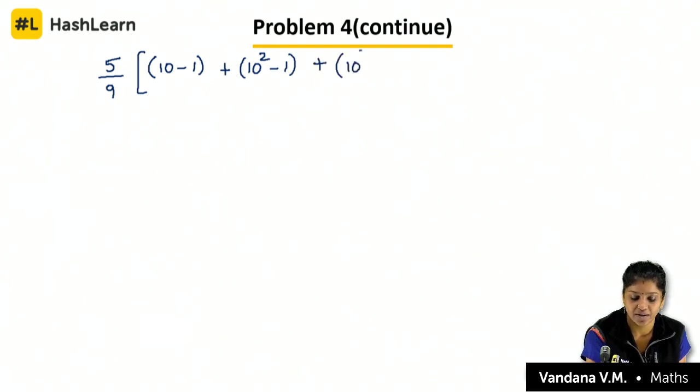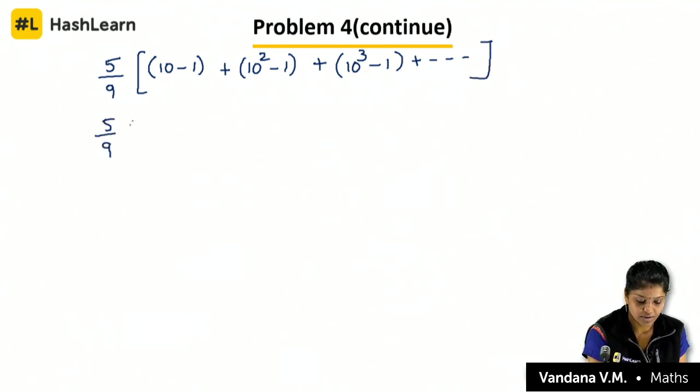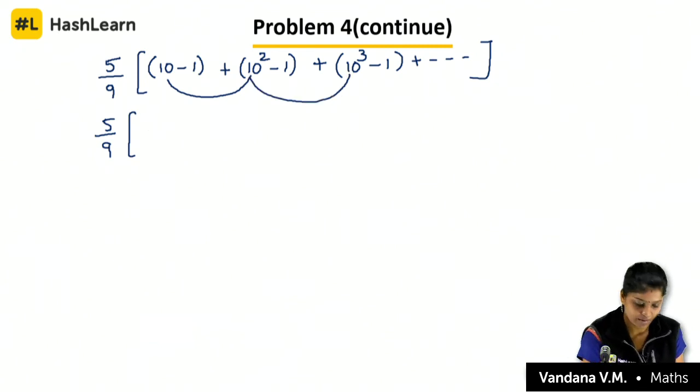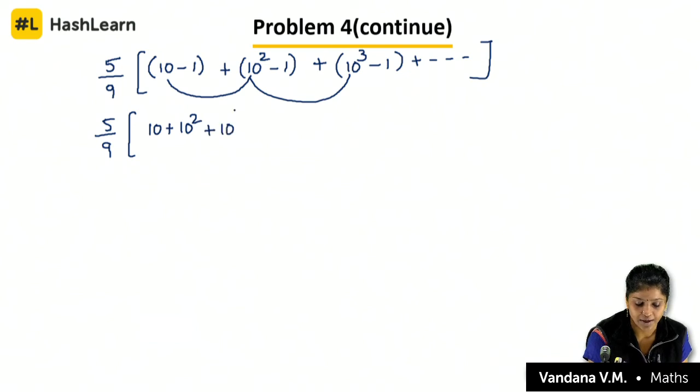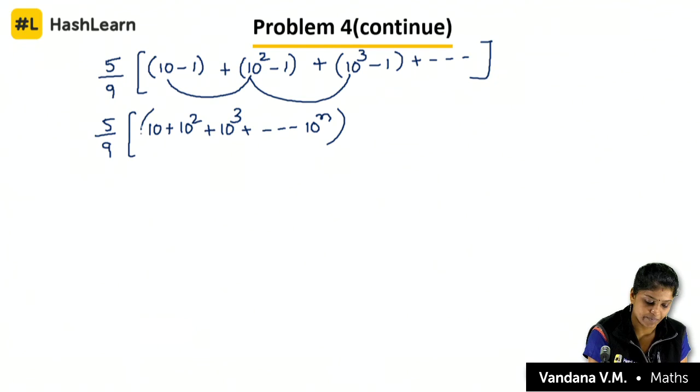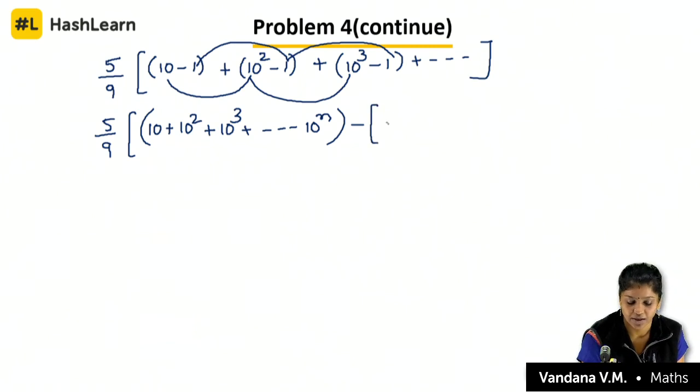Next term can be written as 10 cube minus 1 and so on. Now see here, you write this one way: 10 plus 10 square plus 10 cube plus and so on till 10 power n, minus all these ones, 1 plus 1 and so on till n terms.